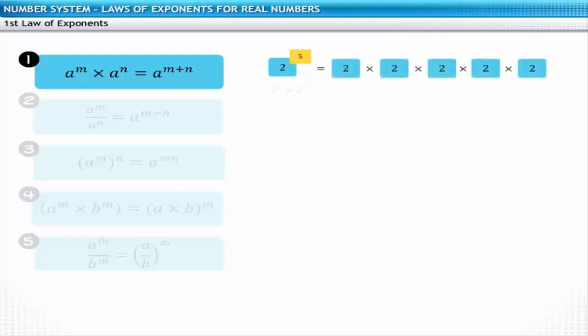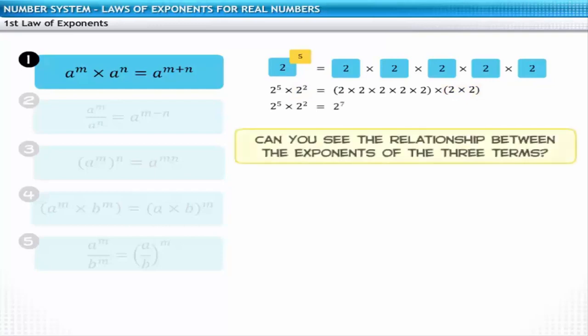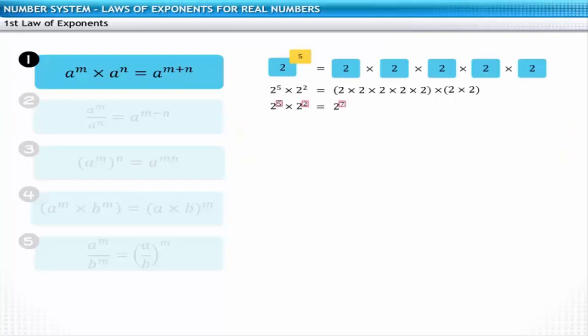Now, let's multiply the term with 2 raised to the power of 2, which is equivalent to 2 multiplied 2 times. The product obtained is equal to 2 raised to the power of 7. Can you see the relationship between the exponents of the three terms? Yes. The exponent 7 is equal to the sum of 5 and 2.